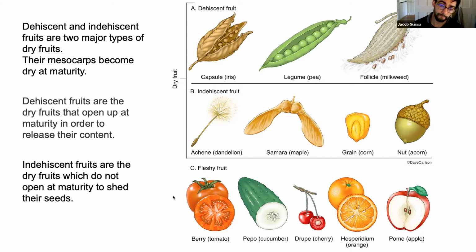Now, with fleshy fruits, you're most likely going to have an animal disperser, and there's no point in having a dehiscent fruit to open your ovary to release your seeds if you've evolved a commensal relationship with a fruit-dispersing herbivore, right? So that's why most fleshy fruits are indehiscent.